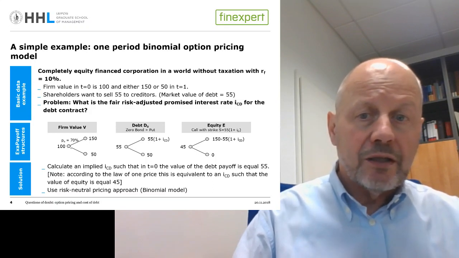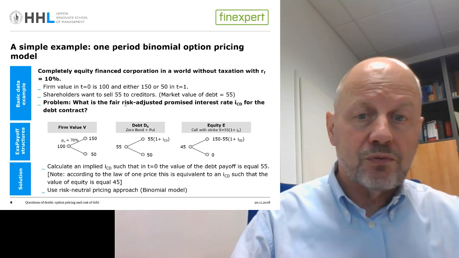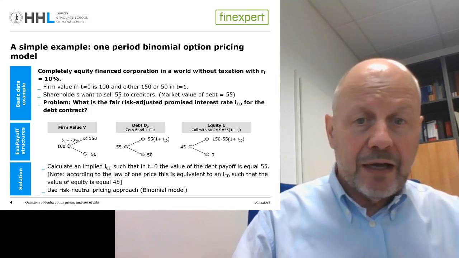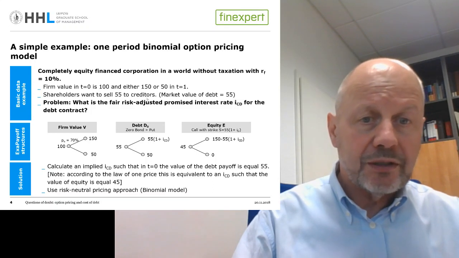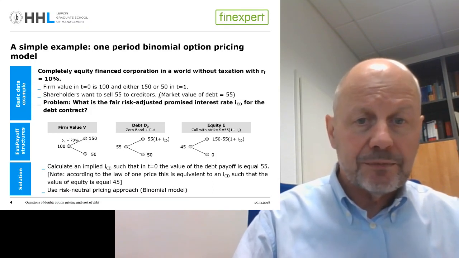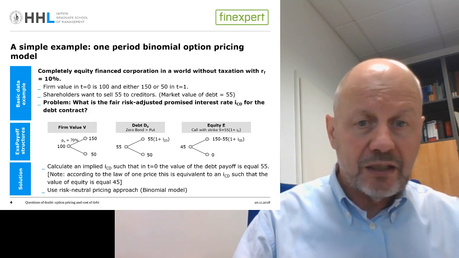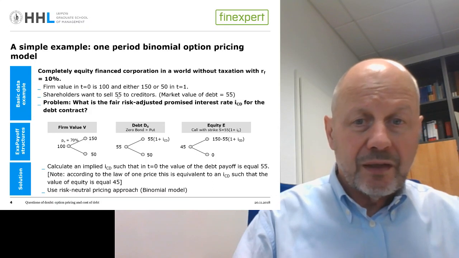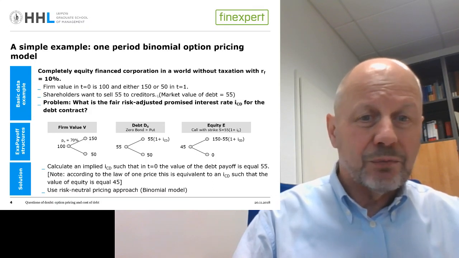And so the idea is now that the shareholders want to sell debt with a value of 55 to the creditors. So the idea is that we try to shape the conditions, and especially the promised interest of this credit contract, in a way that the creditors get what they pay for.